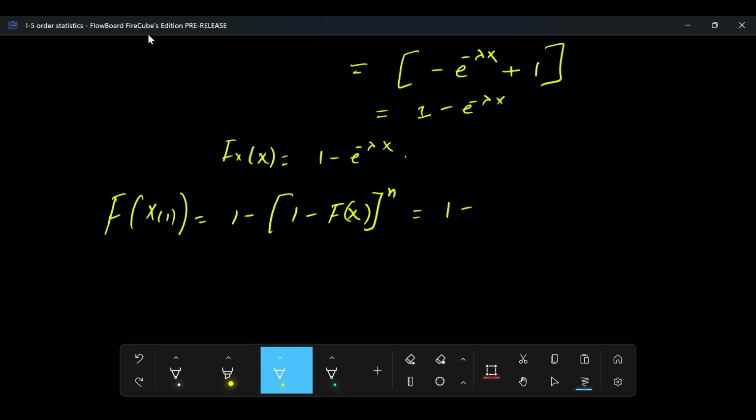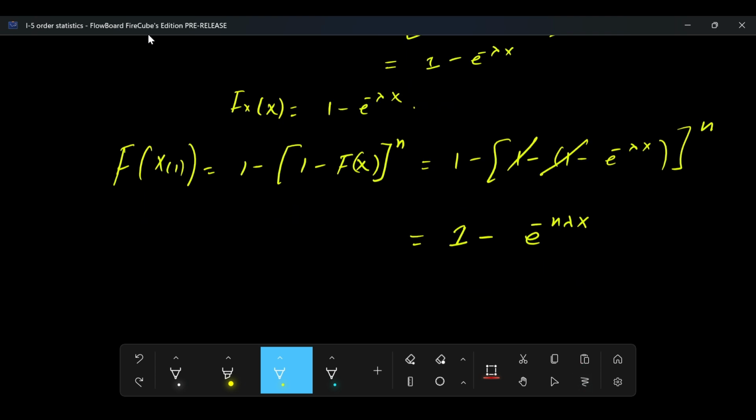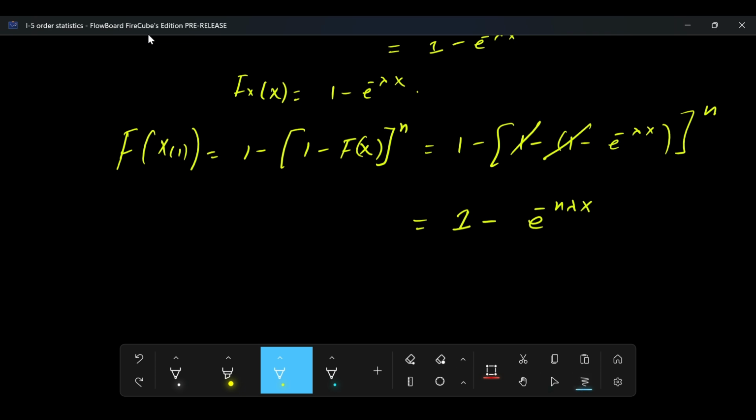So which is equal to 1 minus, what's 1 minus F of x? That's e raised power minus lambda x, raised power n. So from here, this one will cancel out with this one, and we will be left with 1 minus e raised power minus n lambda x. Is this clear? Yes. So now differentiate this with respect to x.